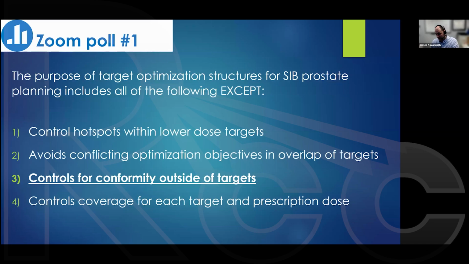We avoid conflicting optimization objectives in that overlap region where they can't achieve both, so it would be battling itself. And then we also can control coverage for each one independently. So we can do 1, 2, and 4, and the majority of people, about 41%, did select 3. Close there, and we'll keep moving forward.